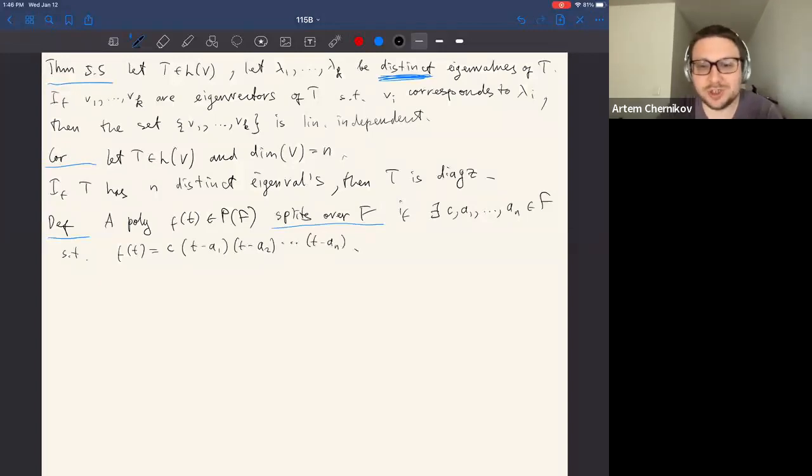So a polynomial splits if it can be written as a product of linear factors of this form.